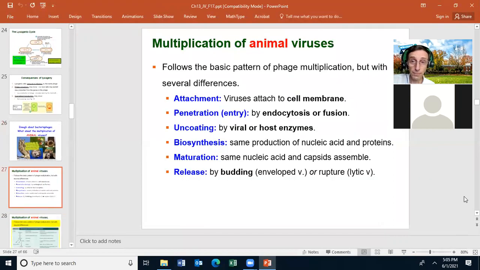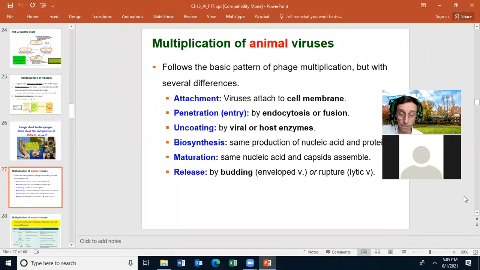The multiplication of animal viruses follows basically the pattern of bacteriophage multiplication, but there are several differences, and you don't need to know all of the differences. We will talk about differences in release, so maybe you should know that one.